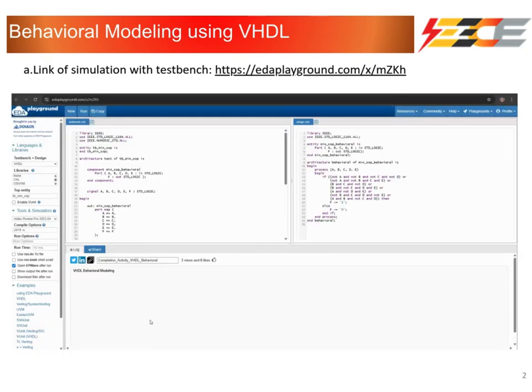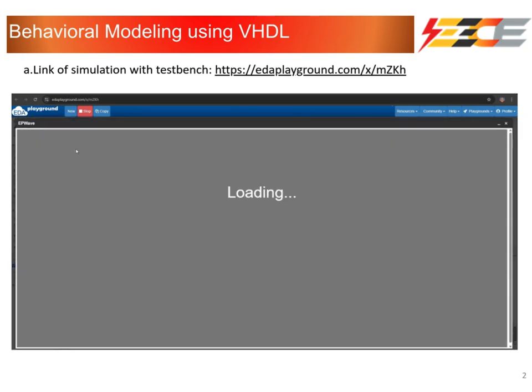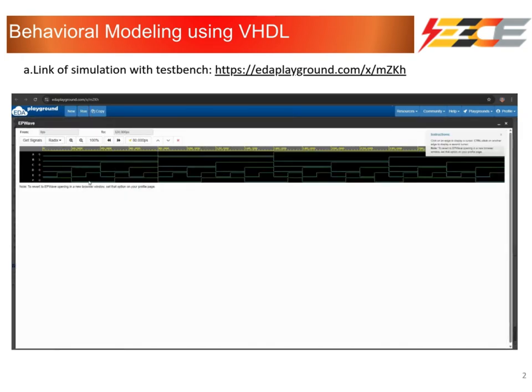So next and last is for the behavioral modeling in VHDL. Again, on the right is our code, and on the left is our test bench. Now, if you click on run, it will run our code and generate our waveform. So here, on the 8, 0, 1, 2, 3, 4, 5, 6, 7, 8, it must generate an output of 0.